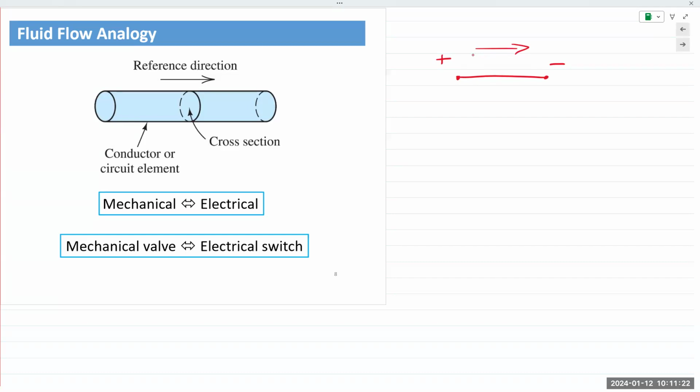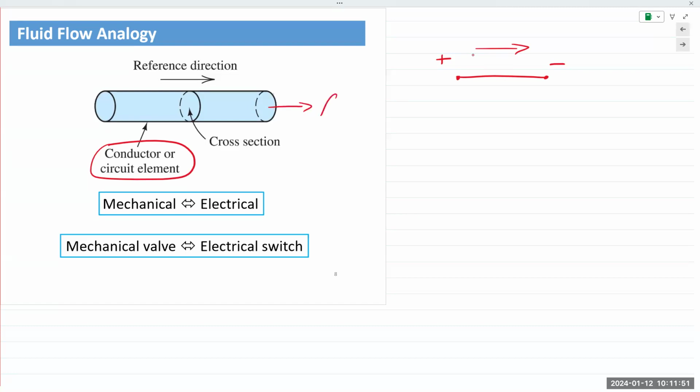So if you have an electrical conductor and it's part of a closed loop, then you can have current flow through it because of a potential difference or a voltage that is being applied in some part of the circuit. A conductor or a wire would be analogous to the pipe that is carrying the fluid, or the medium that is carrying the fluid.